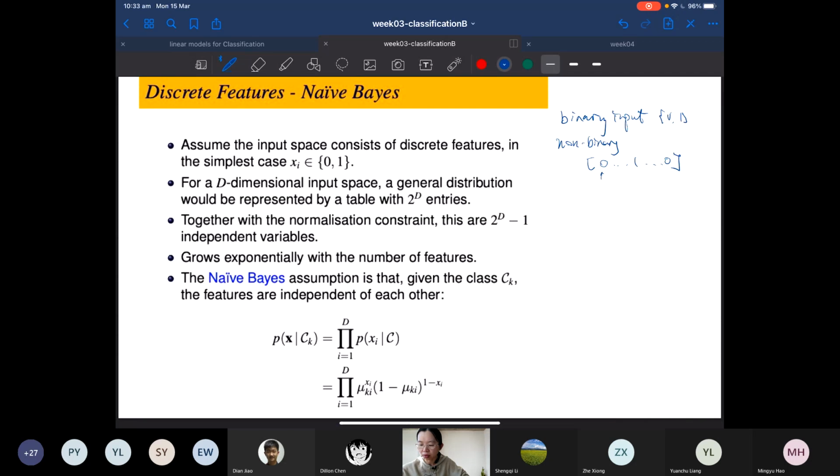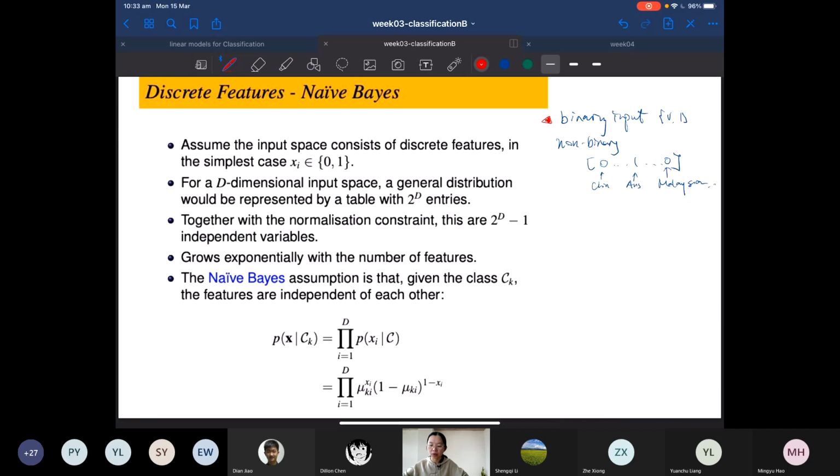So this might be whether you're in China or in Australia, or maybe some people are dialing in from Malaysia, and so on. For a d-dimensional input space of binary features, and for now we're going to just assume that our inputs are all binary, a general distribution will be represented by a table of 2 to the power d entries, which is a lot.